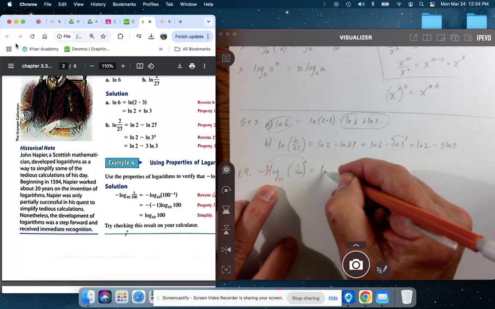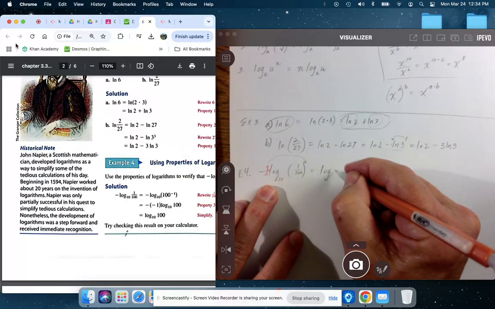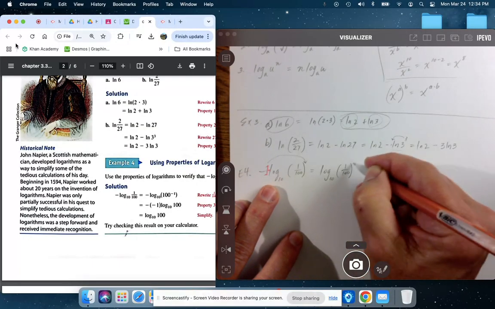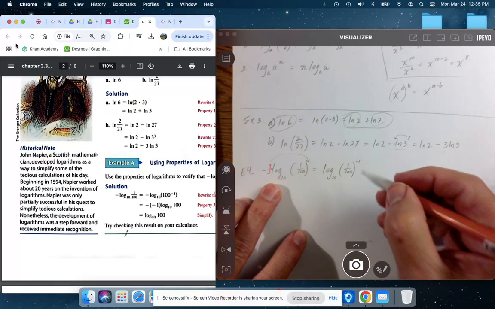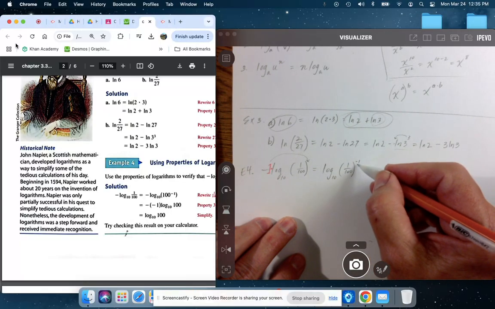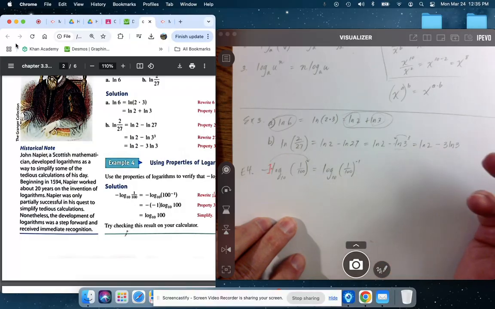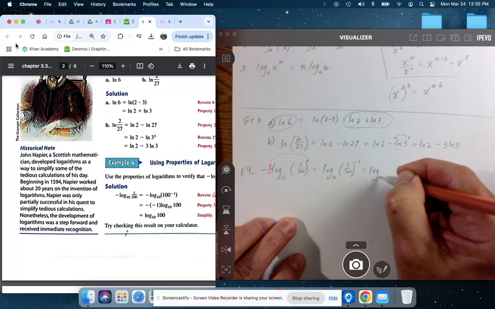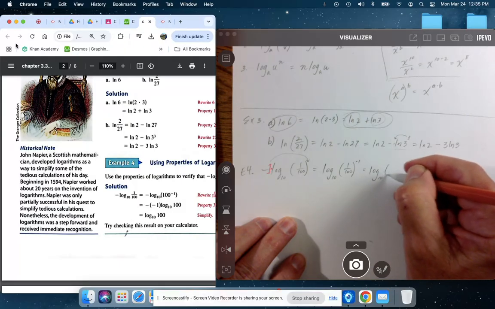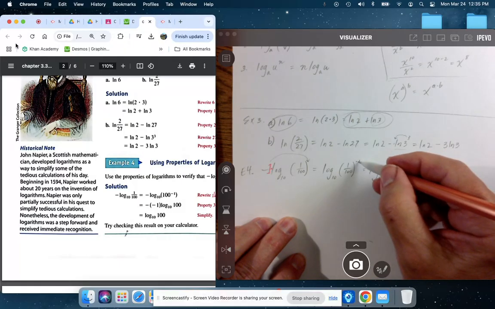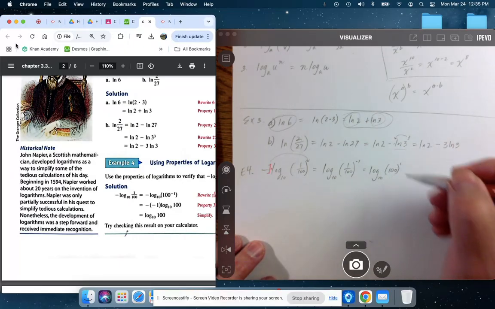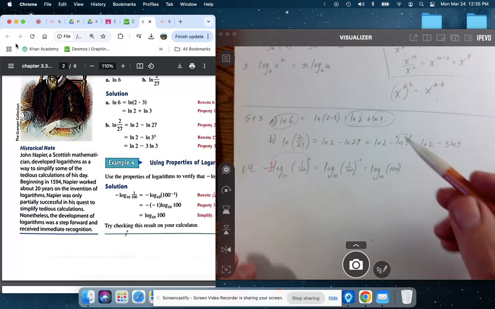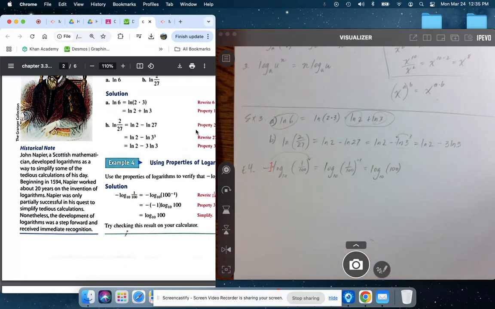So now that becomes positive log base 10 of 1 over 100 raised to the negative 1 power. And when you raise something to the negative 1 power, you just flip the fraction, or you find the reciprocal. So that becomes log base 10 of 100 to the positive 1 power, which you can write like that or not show at all. So that's example 4.